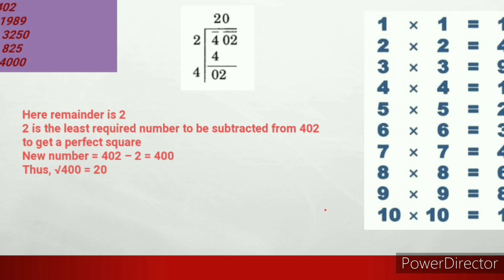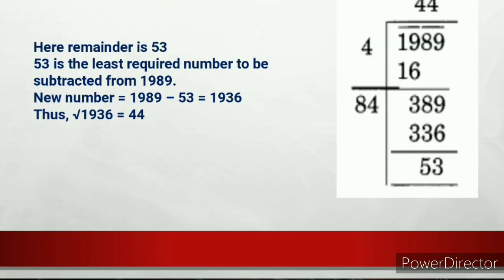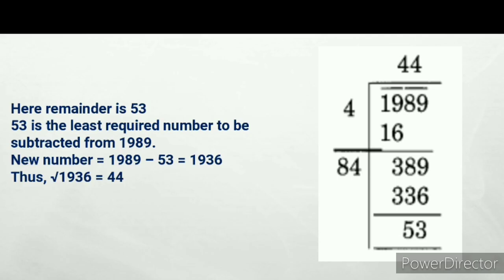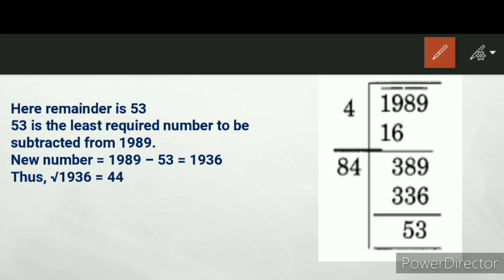Copy down. Next number, 1989. Long division method: find the quotient and remainder. Quotient is 44, remainder is 53. This 53 is the least required number to be subtracted from 1989. If you subtract, you will get 1936. It is the perfect square.